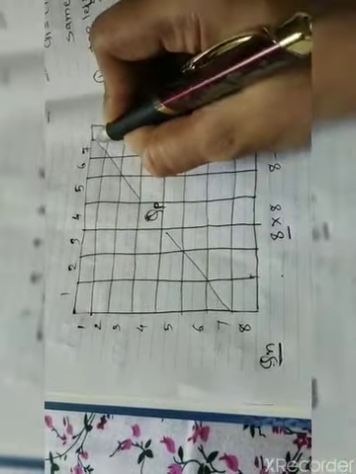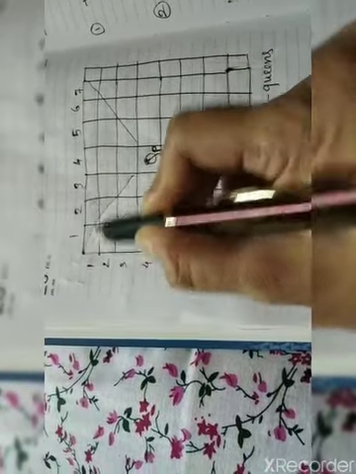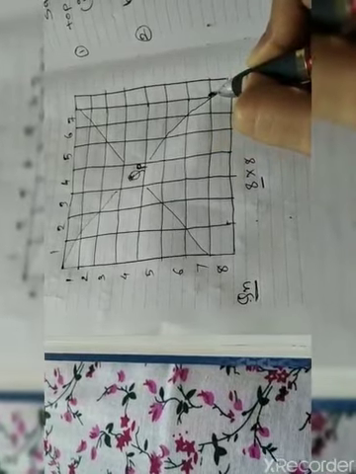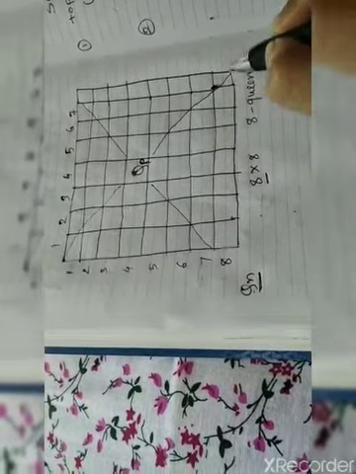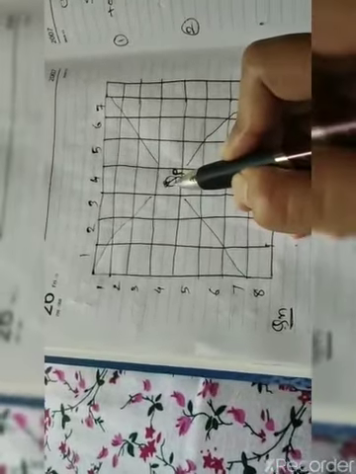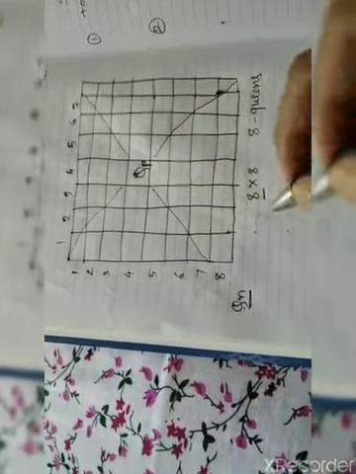So this is one diagonal and this is another diagonal. I'll write down the value of row and column for this QP.